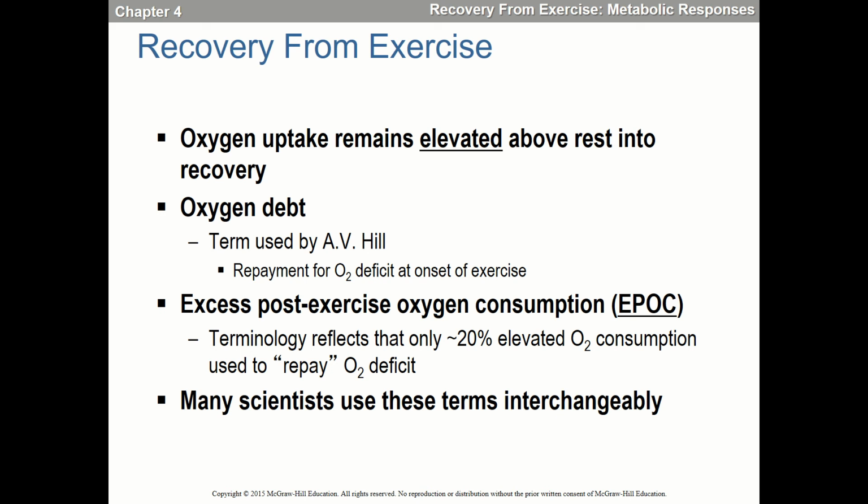Excess post-exercise oxygen consumption, essentially meaning that we're consuming an excess amount of oxygen above what we need after the stop of exercise.